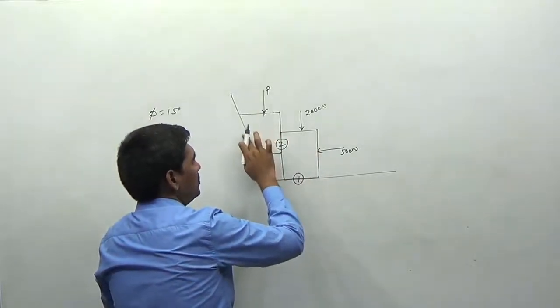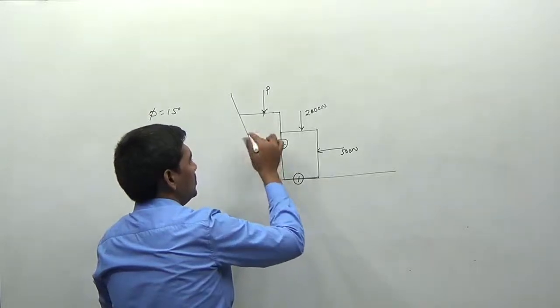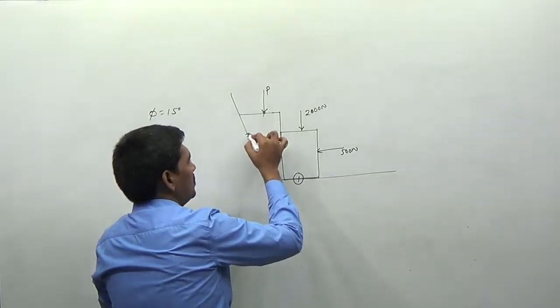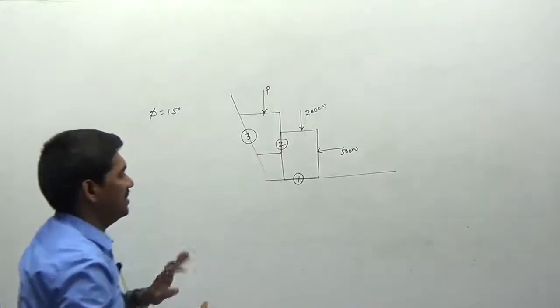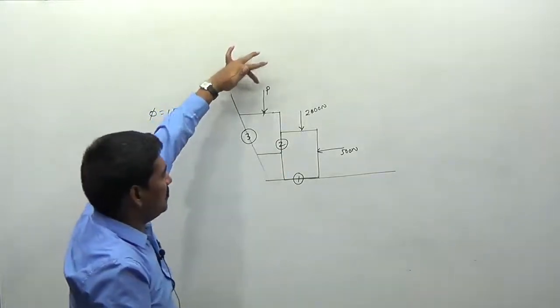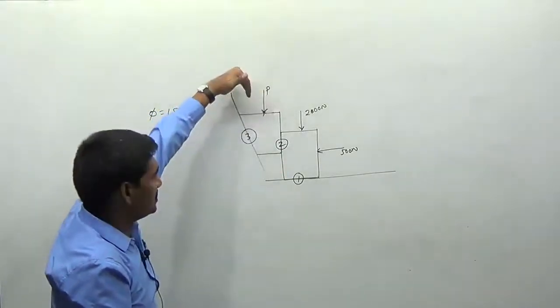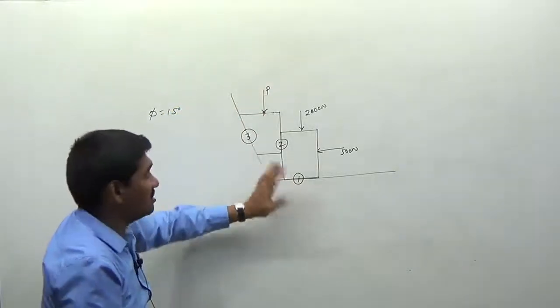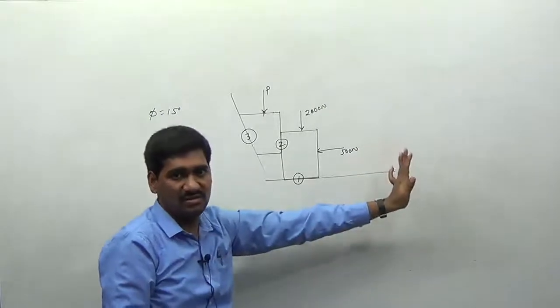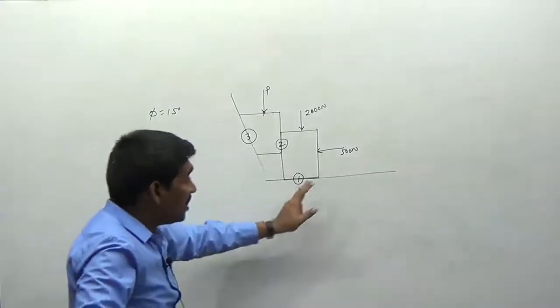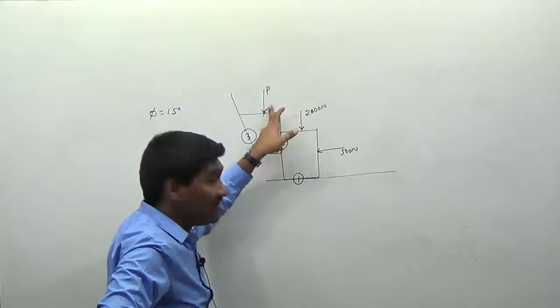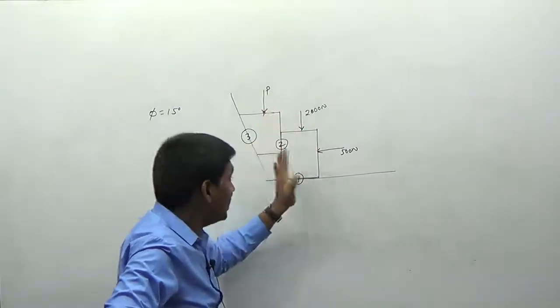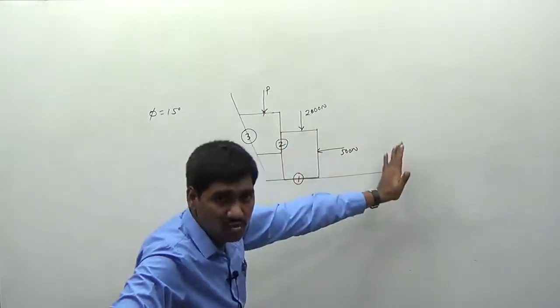Try to understand the movement of the block, then we can go on. So we are applying the force in this direction. Since we are applying the force in this direction, this block is coming down, and whenever this block comes down, the other block will move towards the right. So we have to apply a force greater than 500 so that this block can move towards the right.